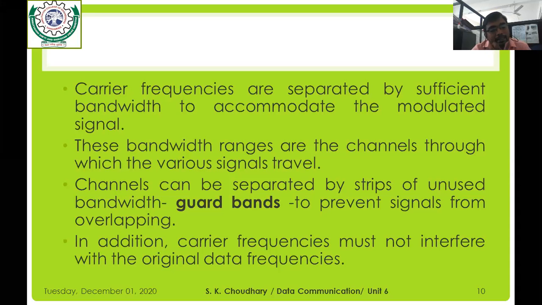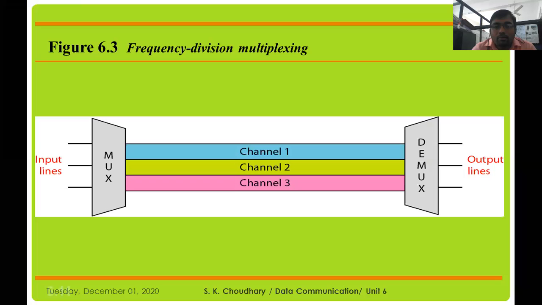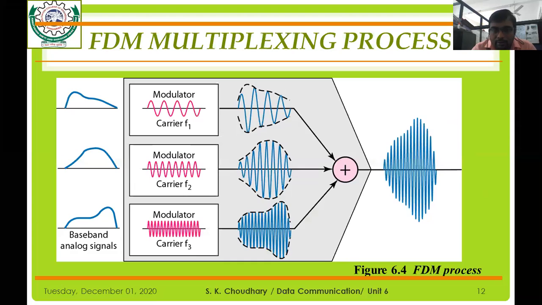In addition, because of these guard bands, the carrier frequency must not interfere with the original data frequencies. So here you can see FDM multiplexing, where multiple input lines are applied to the multiplexer that combines these multiple signals, which are modulated by separate channels, and this is further demultiplexed into n number of output lines.